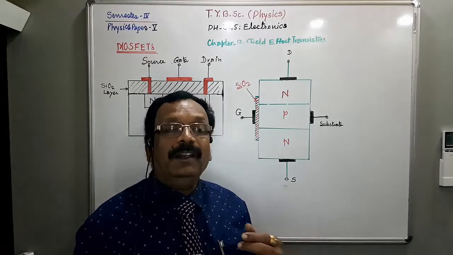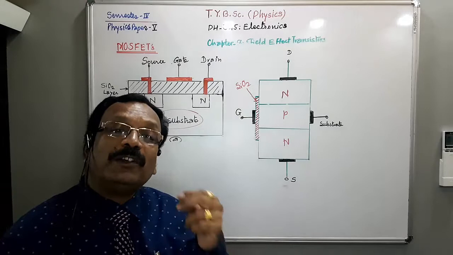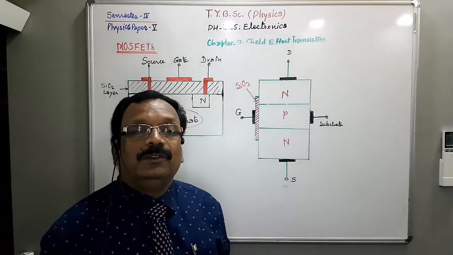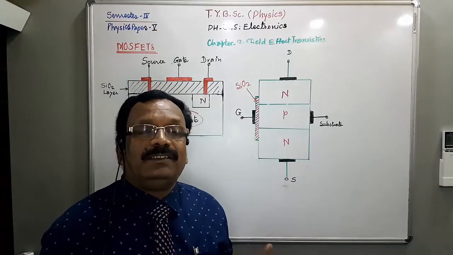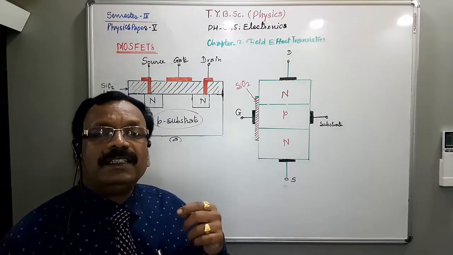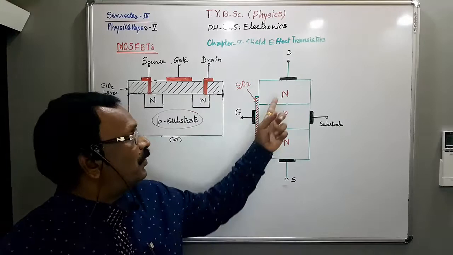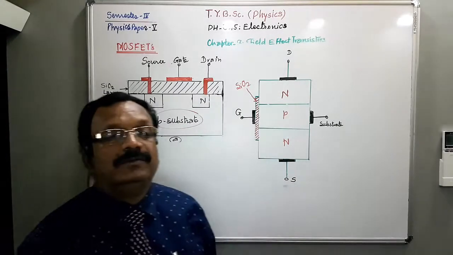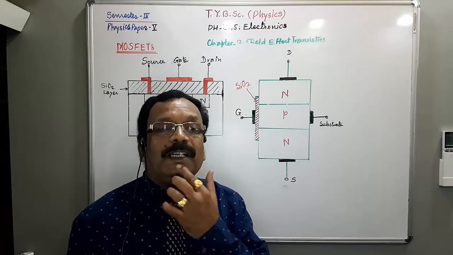about 25 micrometer. They are just diffused beyond that. These regions will act as the source and drain. These are two regions which are heavily doped.